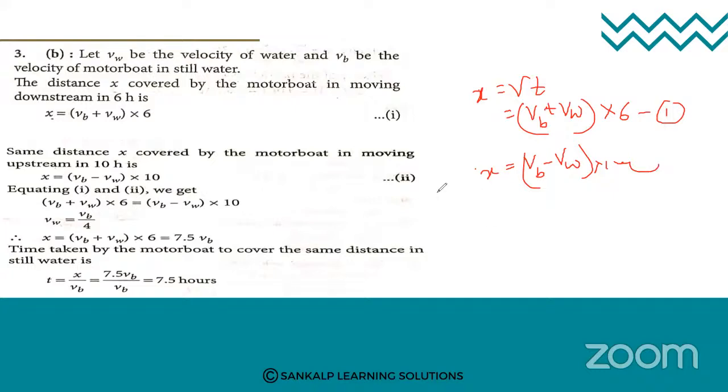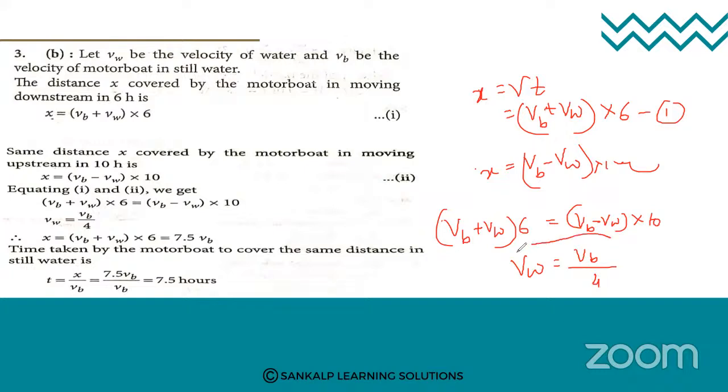If we equate these two equations, we get VB plus VW into 6 is equal to VB minus VW into 10. If we simplify this, we will get VW is equal to VB divided by 4.